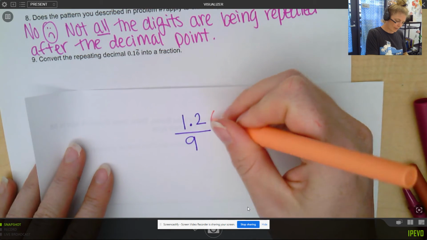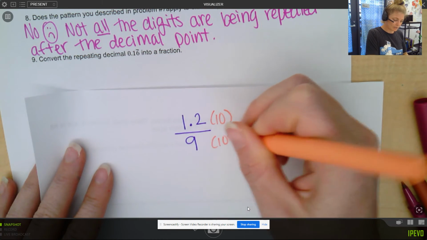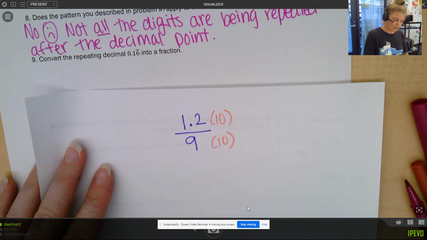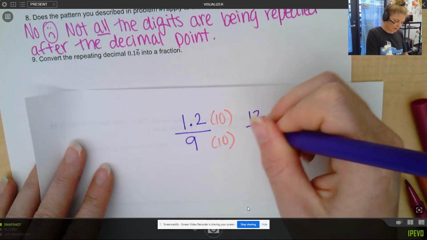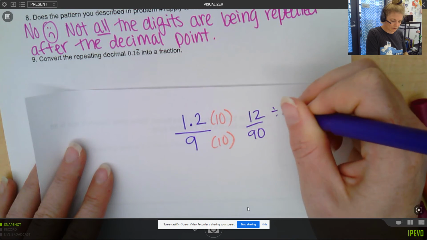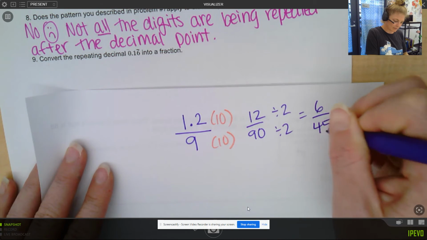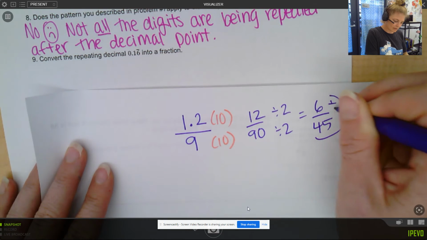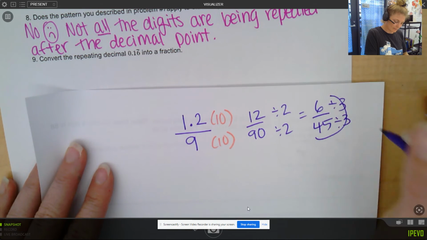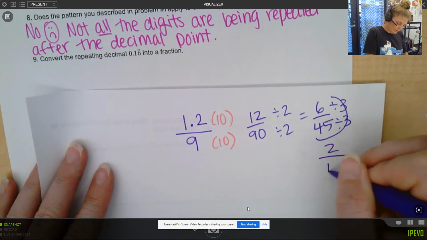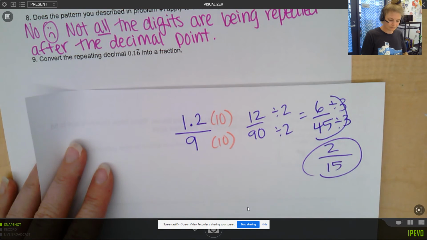So here, easy way out, you can always just multiply by 10 to move the decimal over, and then you'd have 12 over 90. And then, of course, you'd want to simplify by dividing by 2 and get 6 over 45. Oops, and then you can divide by 3, right? And get 2 over 15 would be your final answer.